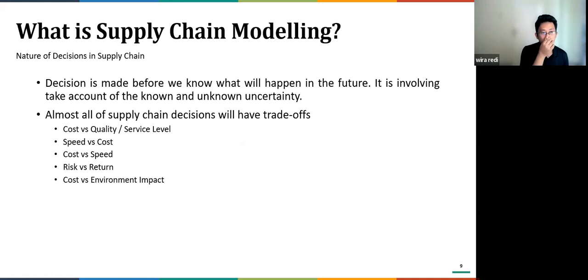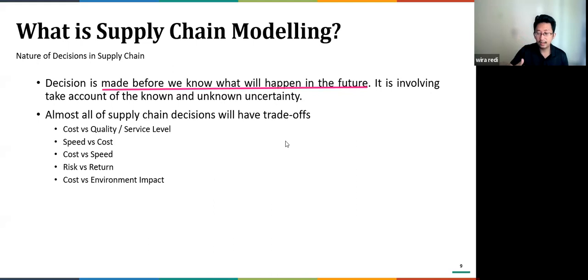This is the normal decision in the supply chain. The nature of decisions in the supply chain is that we make them before we know what will happen in the future.